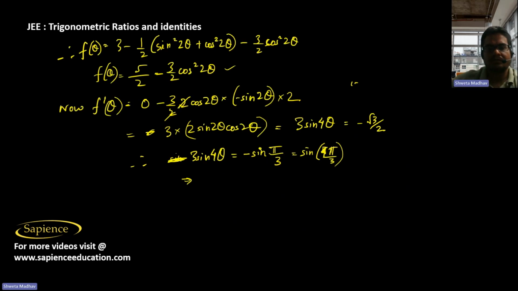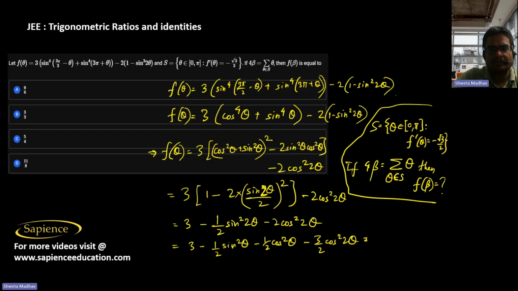Okay, so this is 1 by 2 root 3, this is coming f dash theta.